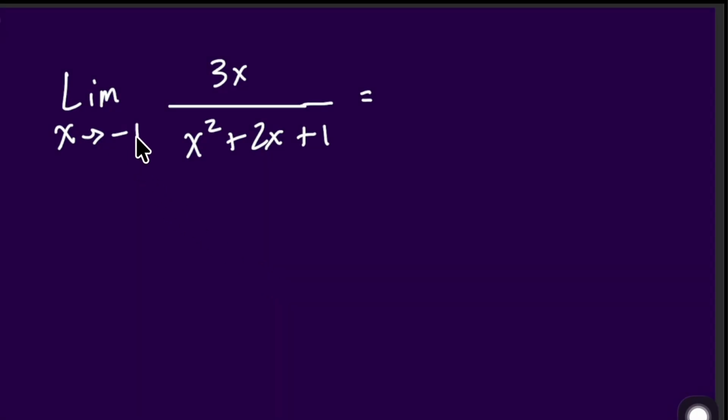Next, we have this two-sided limit and another rational function. If we look at the denominator, we can see that this becomes x plus 1 to the second power. Now, we know there's going to be a horizontal asymptote at y equals 0 because it's bottom heavy, but we're not heading towards infinity. We're not looking for end behavior.